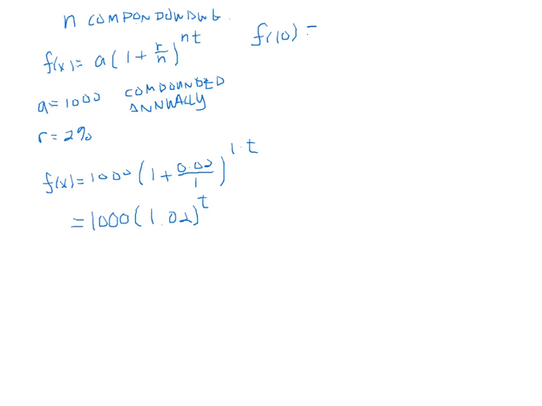When we do that, we get 1,000 times 1.02, all raised to the 10th, which is approximately equal to $1,218.99. So we could say approximately after 10 years, the value in the account will be $1,218.99.